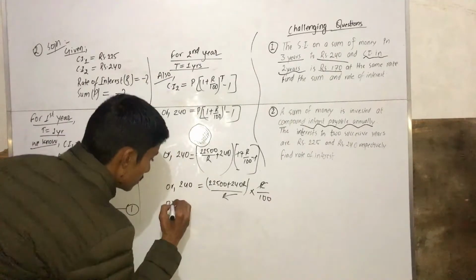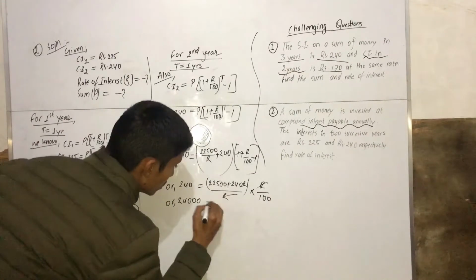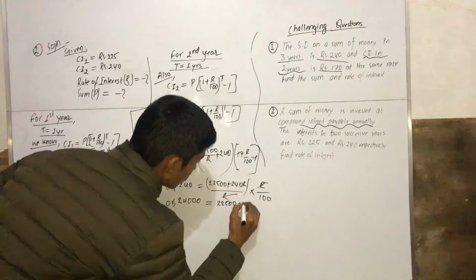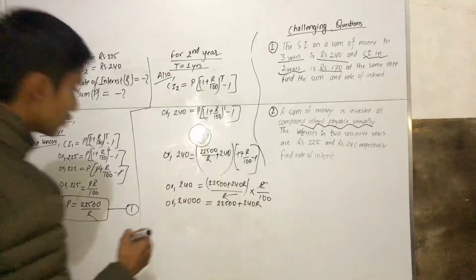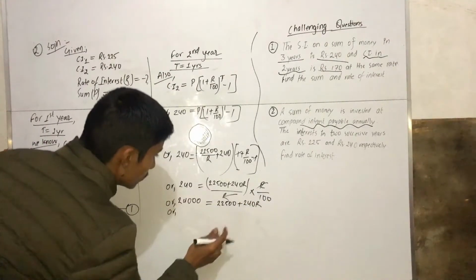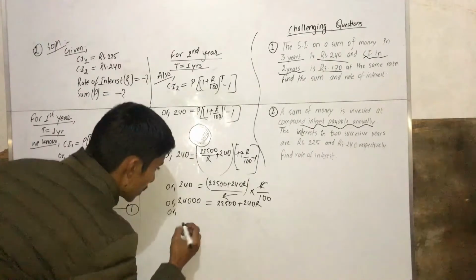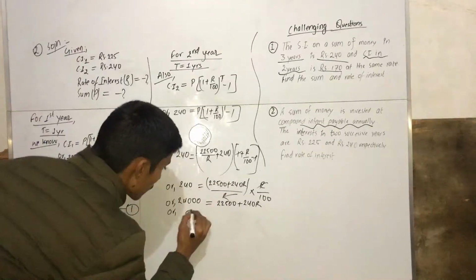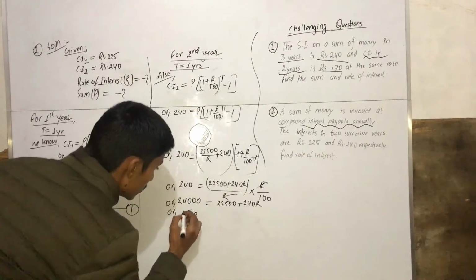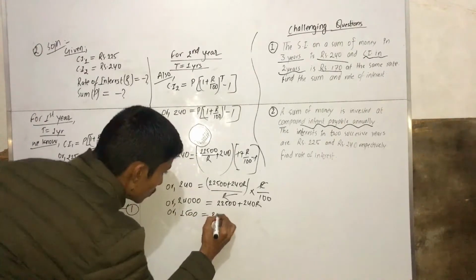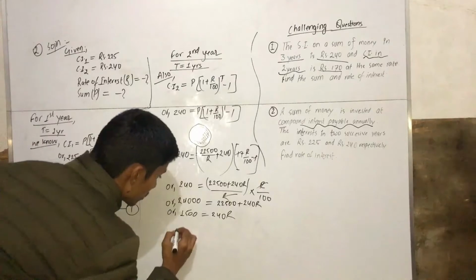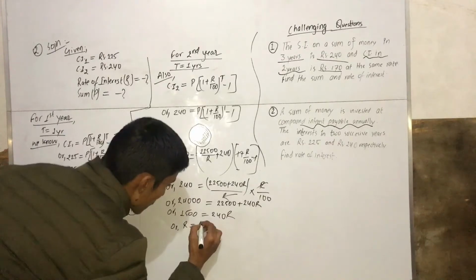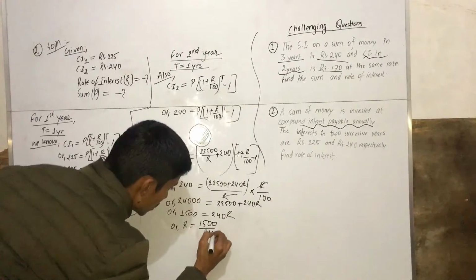Multiplying, R cancels, and 24,000 is equal to 22,500 plus 240 R. When we subtract this from this, we get 1500 is equal to 240 R, and here R is equal to 1500 by 240.